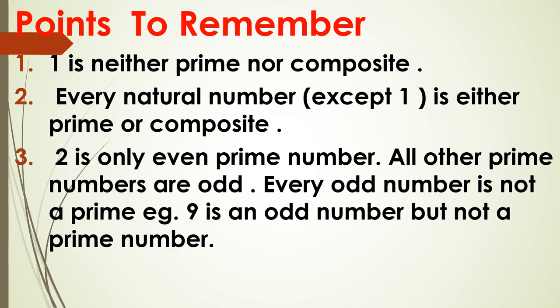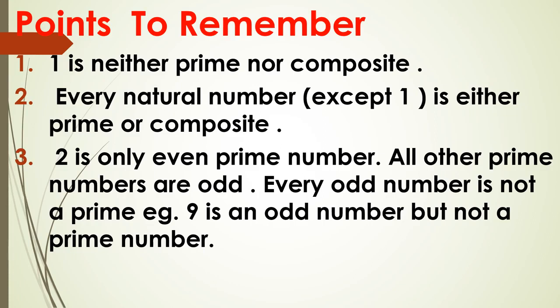But it does not mean that all the odd numbers are prime. Remember, listen carefully to what I am saying. All other prime numbers are odd. Okay, but every odd number is not a prime. See example, 9 is an odd number.